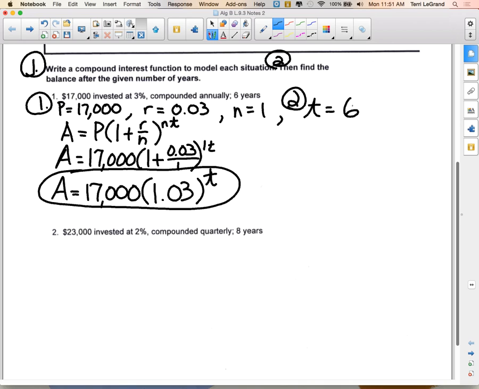Now we will use our model to do step number 2, and in step number 2 it says, do it when T is equal to 6. So we write down what our model is, and we substitute in our T value.